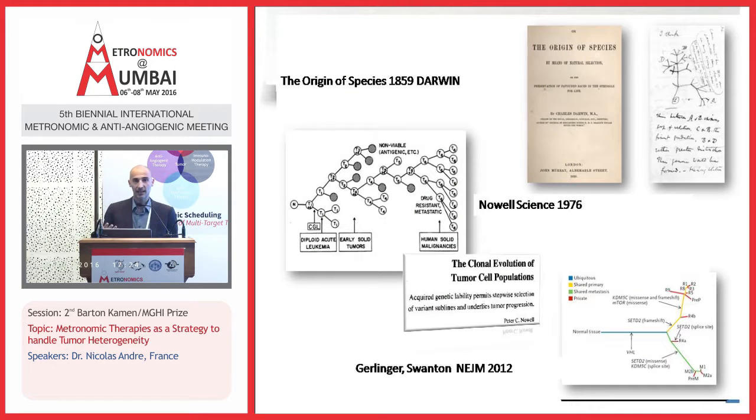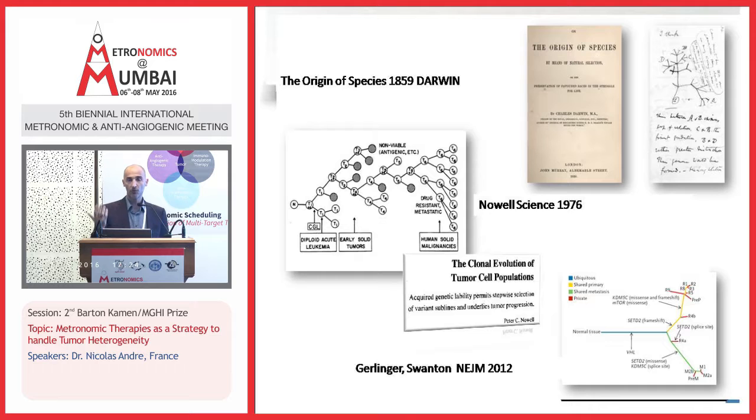As you all know, Charles Darwin published that great book, The Origin of Species, in 1859, and he described for the first time that any living creature was evolving. Because you get small differences between individuals in a species, and these differences let you compete and reproduce better.